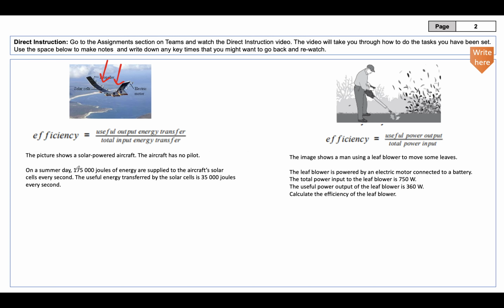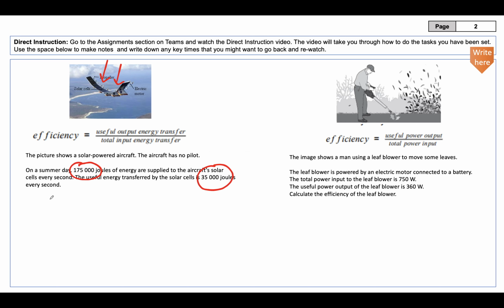So even though we're getting 175,000 joules worth of energy incident onto these solar panels, we're only transferring 35,000 joules of that into something useful. So it's not particularly efficient. This number is a lot smaller than that number. So let's have a go at the calculation.